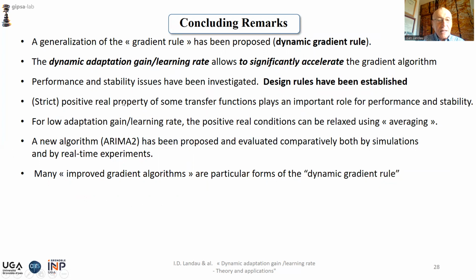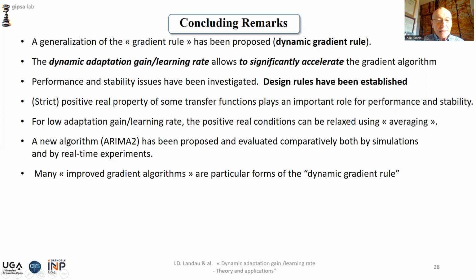The strictly positive real property of some transfer functions plays an important role for performance and stability. Of course, for a low adaptation learning rate, the positive real condition can be relaxed using averaging. And the new algorithm, ARIMA2, has been proposed and evaluated comparatively with other algorithms, both by simulation and by real-time experiments.